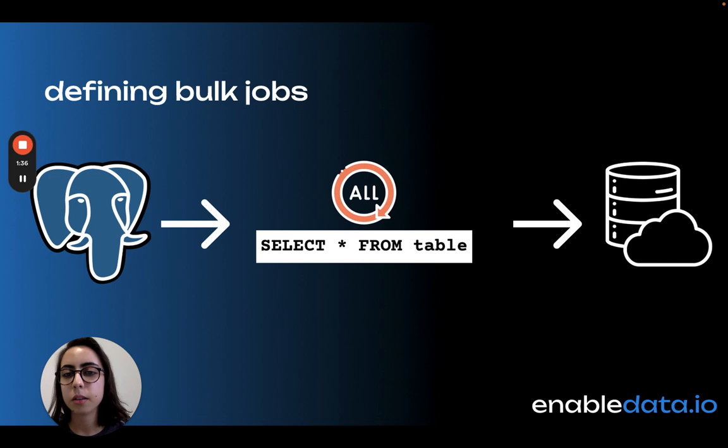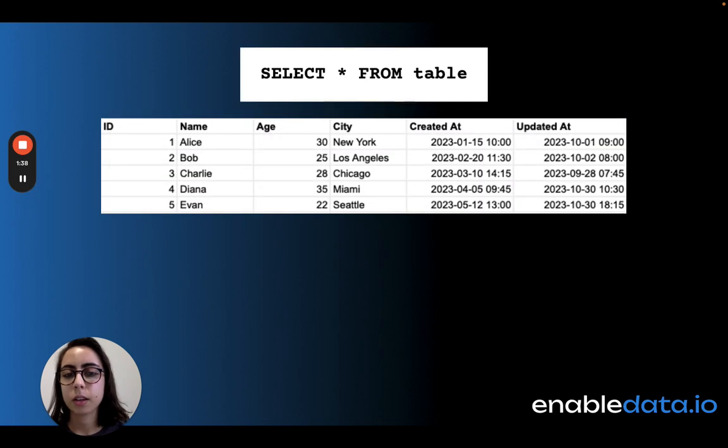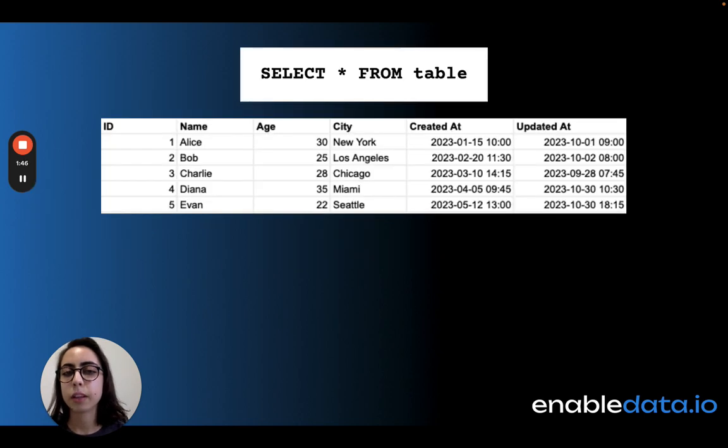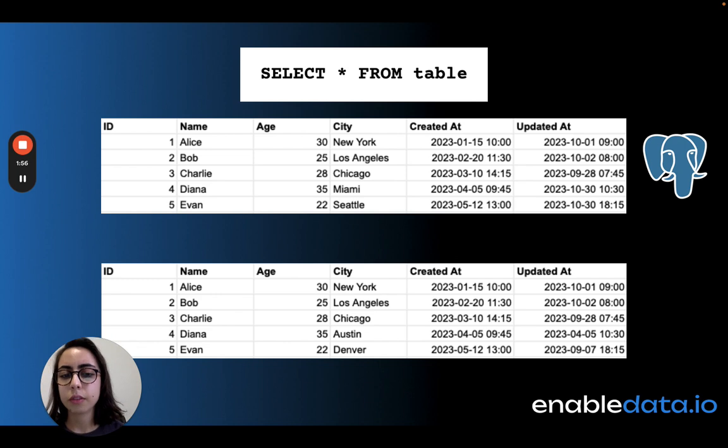So, defining bulk jobs. As I said, it's basically getting all of your data and bringing it every day to your data platform, but let's be more explicit. We have this table in our Postgres, and we have another version of the same table in our data platform.